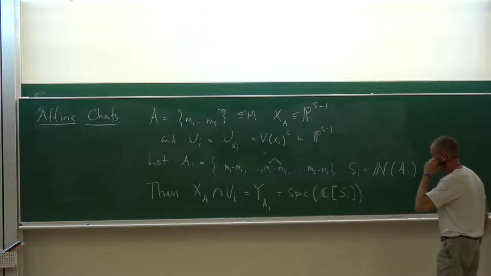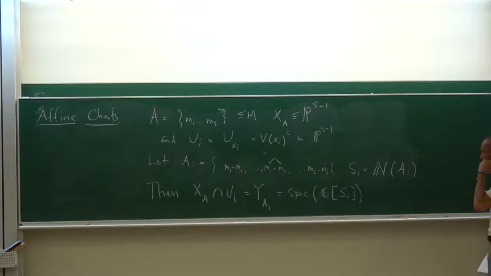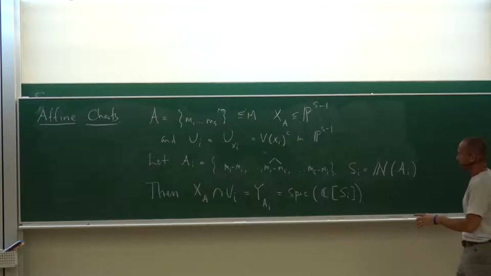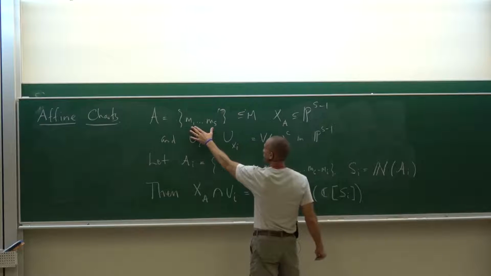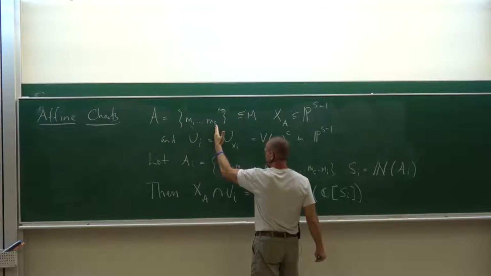So this is almost exactly what you would hope to happen if you think about what happens for the standard affine open cover of projective space. The only thing that's happening here is that these monomials, these lattice points that we're using to embed, we think of as analogous to the variables.